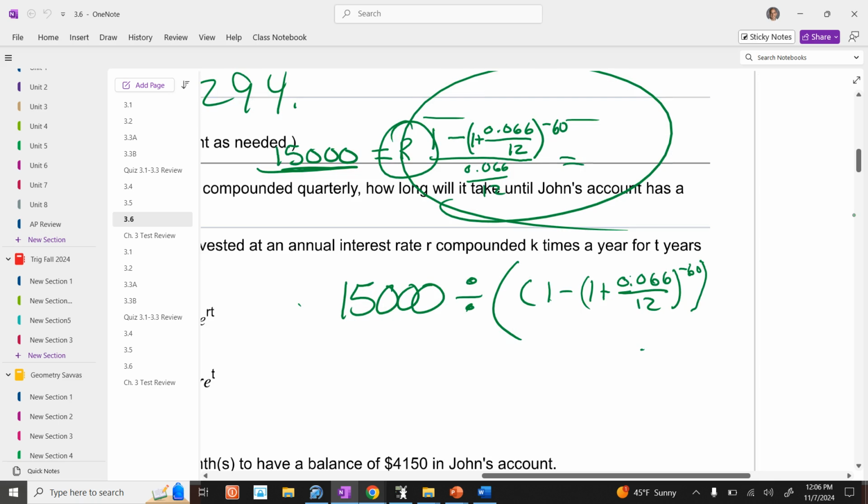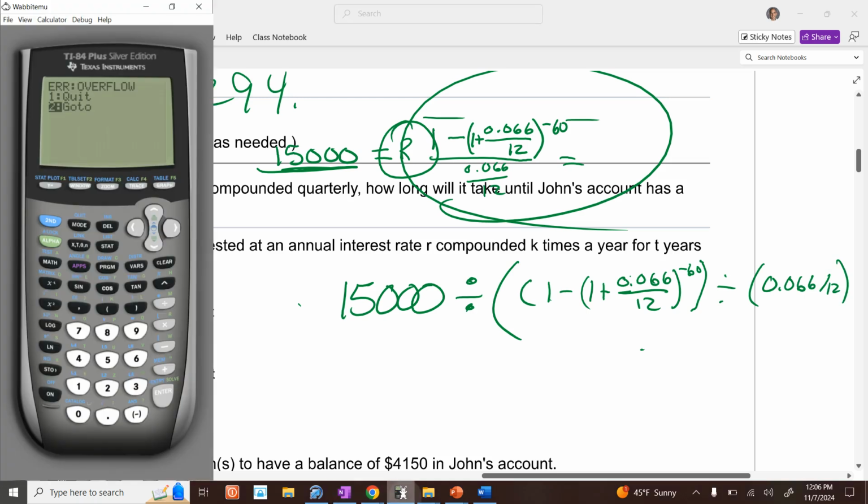And then that is divided by, let me see if it'll work in my calculator. Okay, let me try one more time.